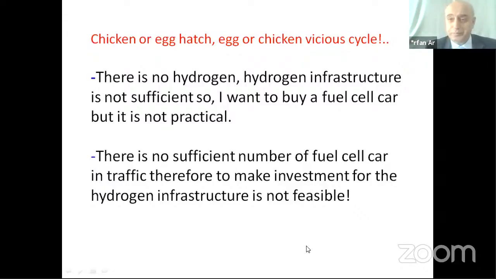In order to overcome this vicious cycle, some famous Japanese firms, Nissan, Honda, and Toyota, combined their powers and took very big funds from the Japanese government in order to establish a hydrogen infrastructure for the whole of Japan, because otherwise they cannot sell their cars.